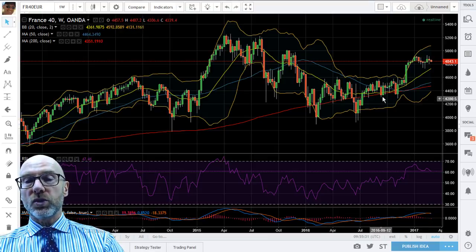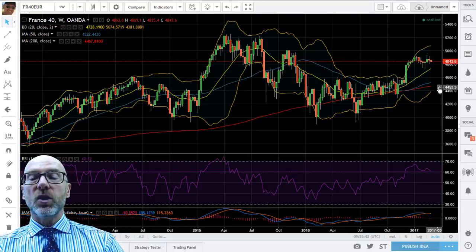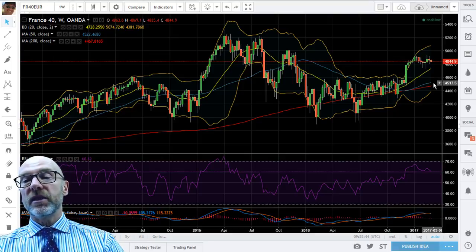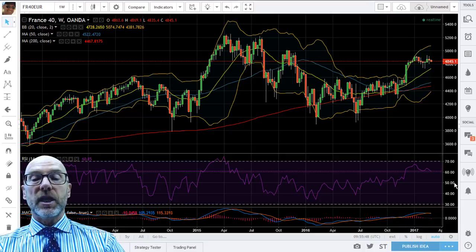Big supports all the way down, but starting just below the 4600 level. So if the supports don't hold at this level, one would expect them to hold at that level, where we're getting the 50-week and the 200-week moving average coming in. The RSI picture again shows a pickup in downside momentum, and that's confirmed by the MACD.